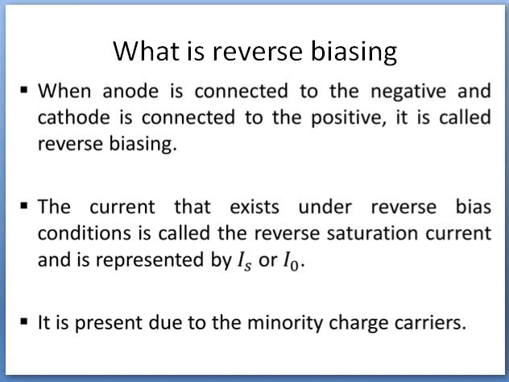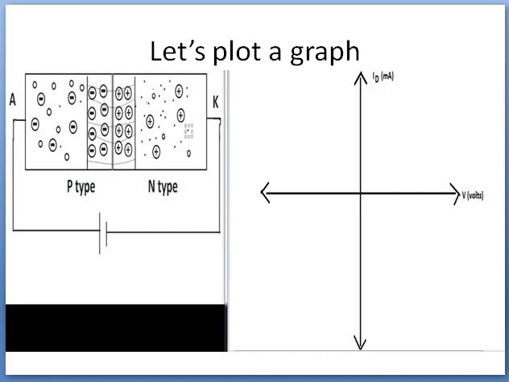It's just a quick overview of my previous videos. If you have not viewed them, I would request you to please go back to the channel and watch them first for better understanding. In today's video, we'll concentrate on how the graph, the characteristics curve of a diode is plotted. So let's move ahead.